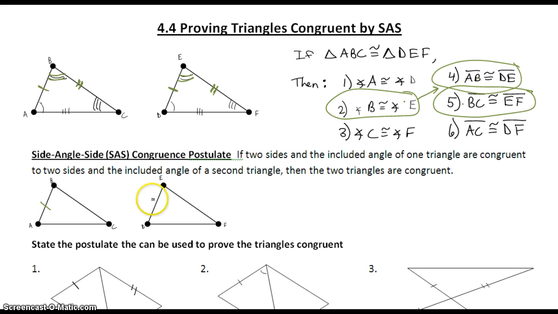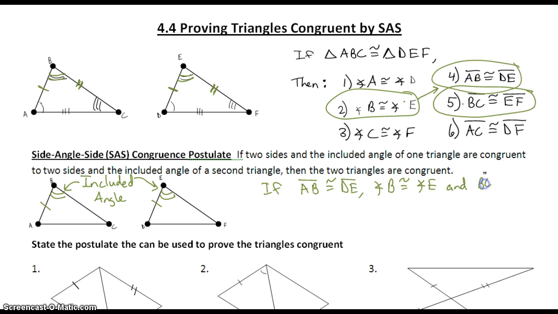So if we have a pair of congruent sides, if AB is congruent to DE, and the angle that's between the two congruent sides, in this case angle B congruent to angle E, that's called the included angle because it's included between the two congruent sides, and BC congruent to EF.